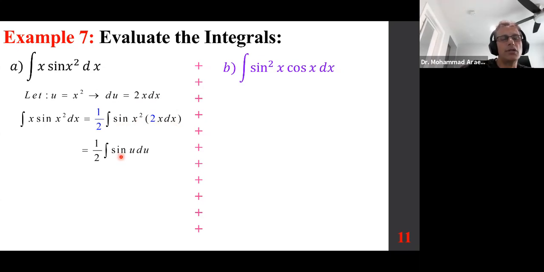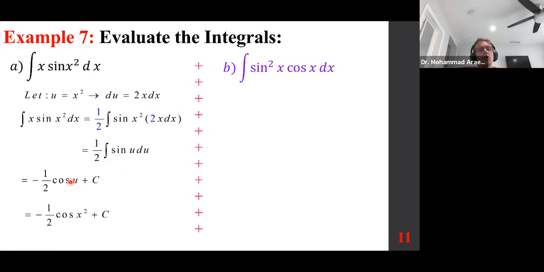The derivative of sine is cosine. The integral of sine is negative cosine. And u is replaced with x squared. You can always differentiate the final result, and it gives you the same answer.